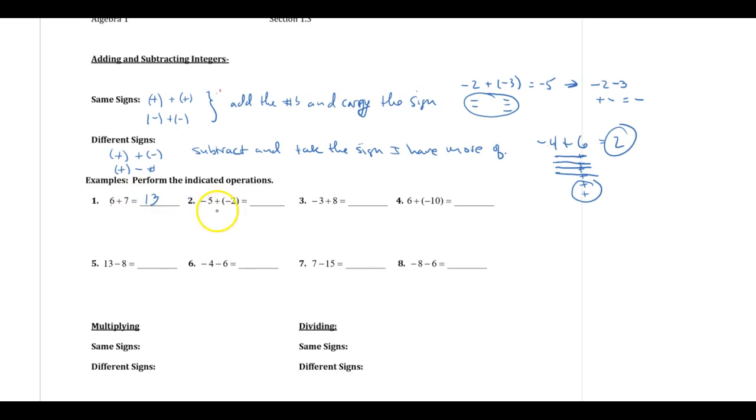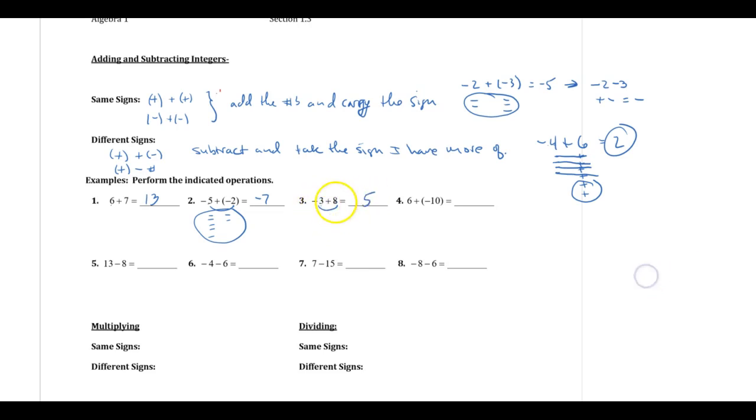So, looking at the examples down below, 6 plus 7 is just 13. That one should be easy. -5 plus -2, I have same signs, so I'm going to add them together and carry the sign. And think of it this way. I have 5 negatives, 2 negatives. How many total negatives? 7. -3 plus 8, different signs, so I'm going to subtract them.